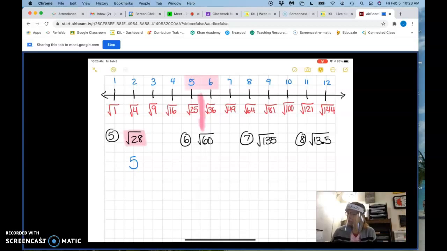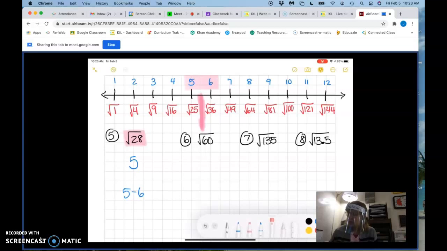Yes. I looked at the number line and I looked where 28 would fit, and then I see the numbers on top and it's closer to 5. And sometimes it'll say which two numbers the square root of 28 is between. And so you could say it would be between 5 and 6. Okay, let's do the next one.